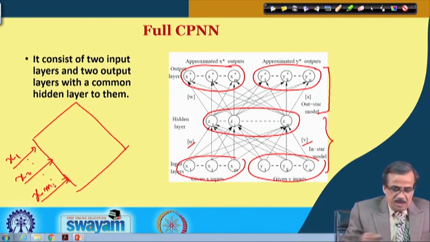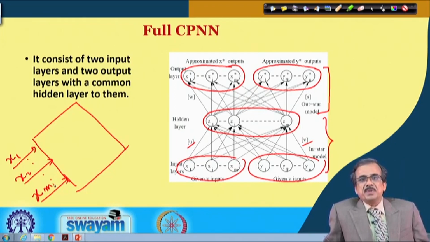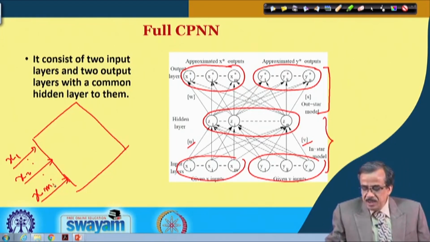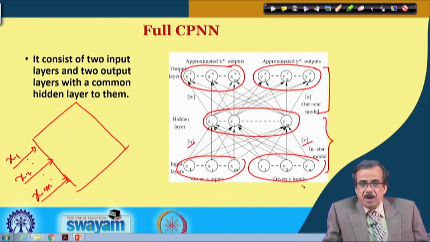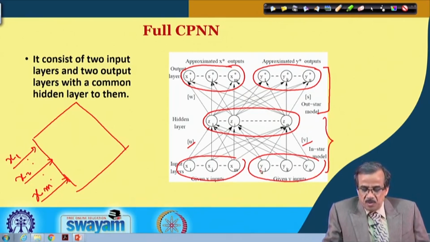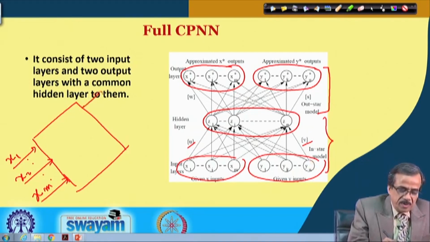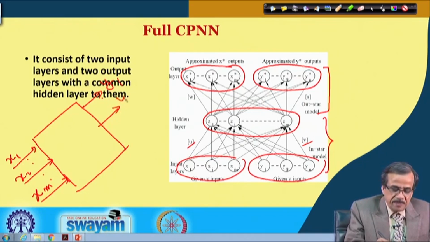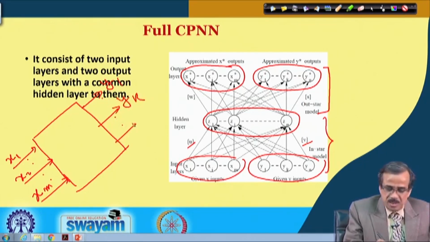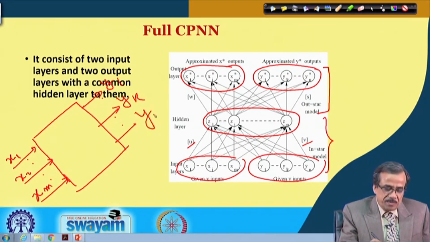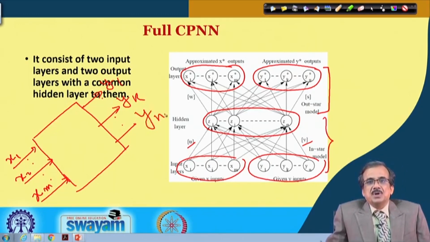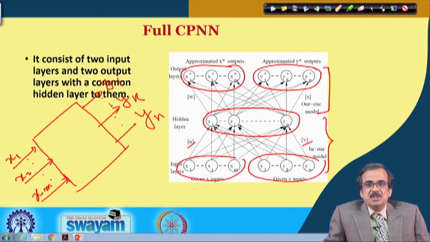This process also has small n number of outputs denoted by y 1, y k, y n. So, we have got y 1, then y k, and the last one is y n. This particular process I am going to model with the help of the full CPNN.